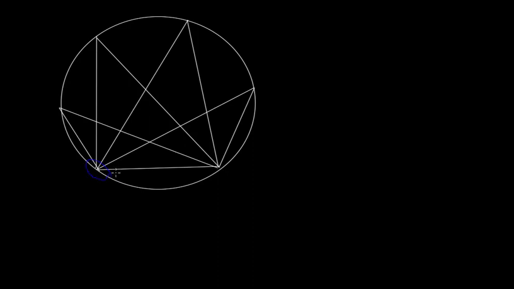Let's name these points as point X and point Y. For as long as they're coming from the same points, the angles at the circumference of the circle are all the same.